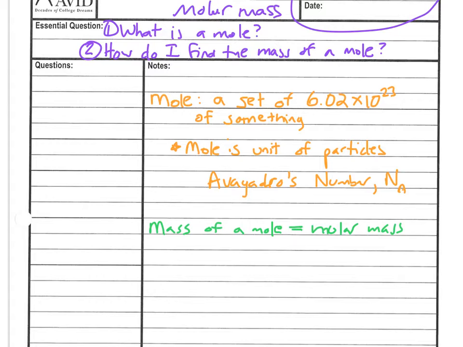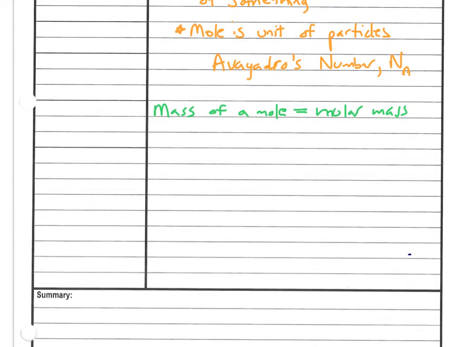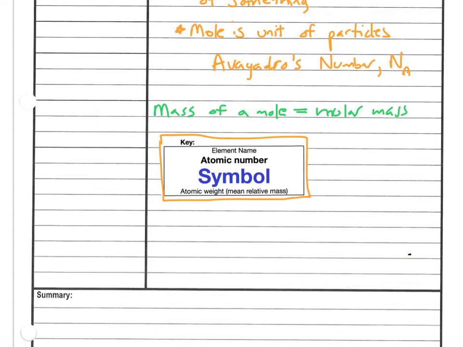Now, for elements in the periodic table, the molar mass is super easy. This right here is the key that you would see on your periodic table that tells you what all the things on the periodic table mean. It's got an element name, the atomic number, which we talked about in Objective 3, and it's got the symbol, and then there's this thing down here that says atomic weight.